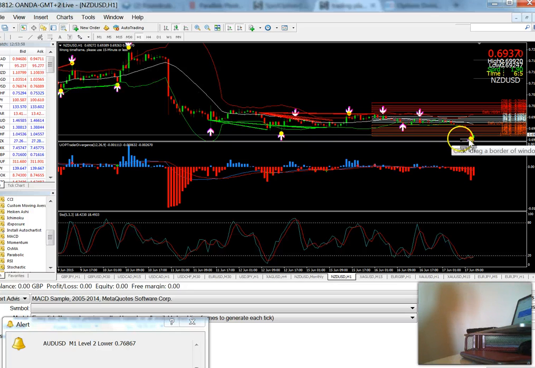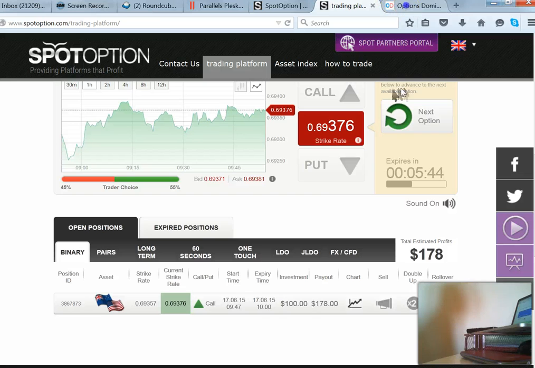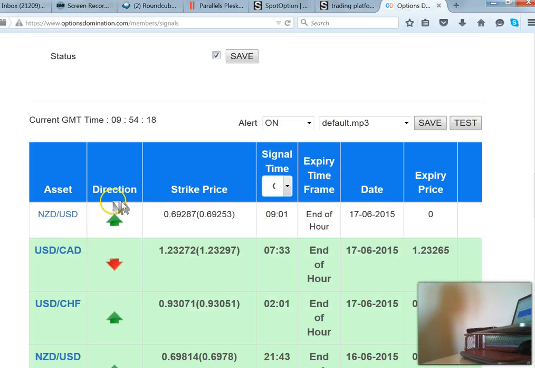This is a call position we're taking here, even as we can see on the UOP, on the Options Domination page, it is a call position we are taking there.